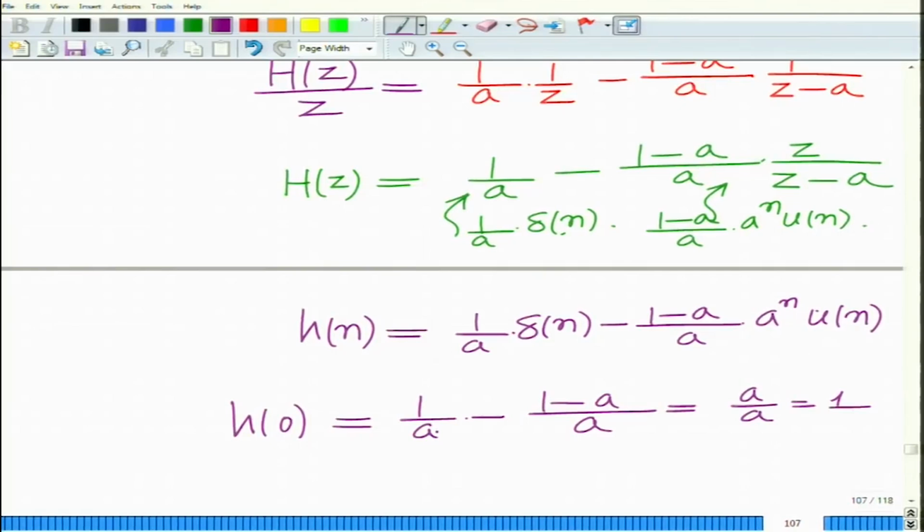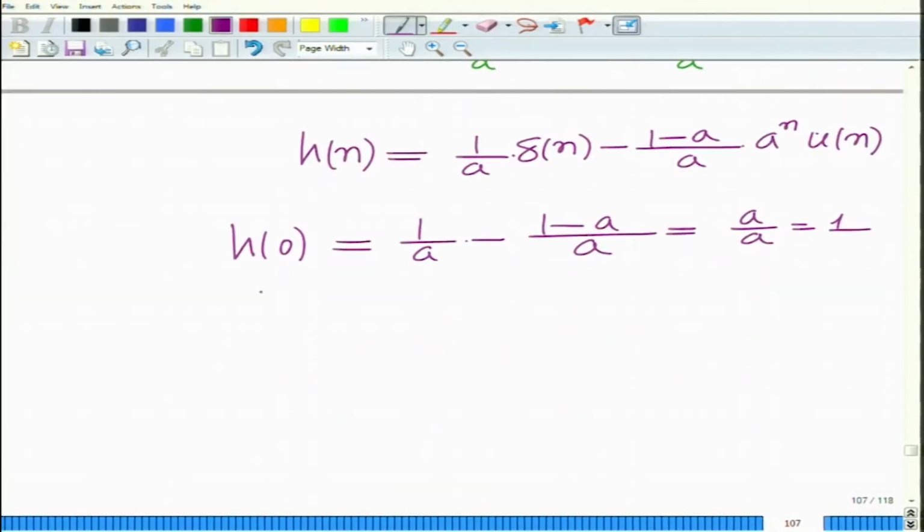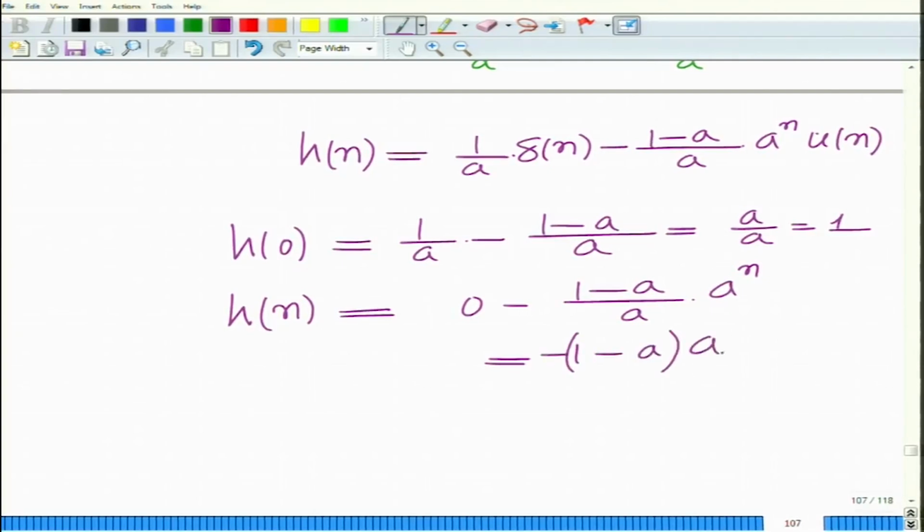So h(0) is 1, and for any n greater than 0, delta n is 0, so h(n) is simply minus (1 minus a) over a times a raised to n, which is basically minus (1 minus a) times a raised to n minus 1.